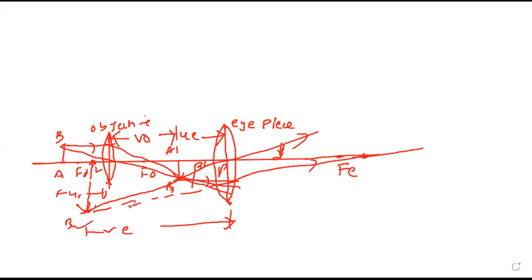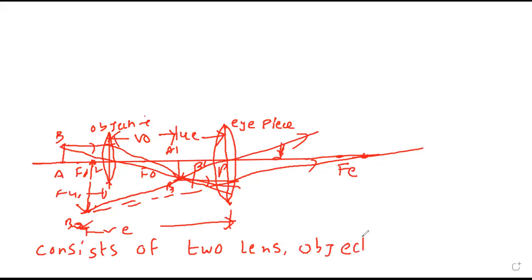The compound microscope consists of two lenses, objective and eyepiece.